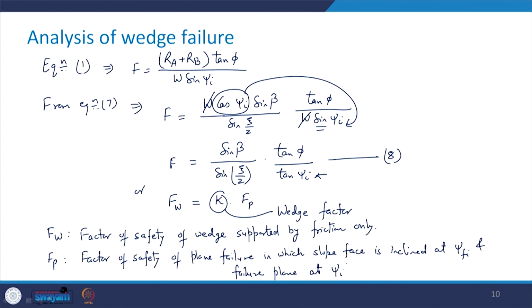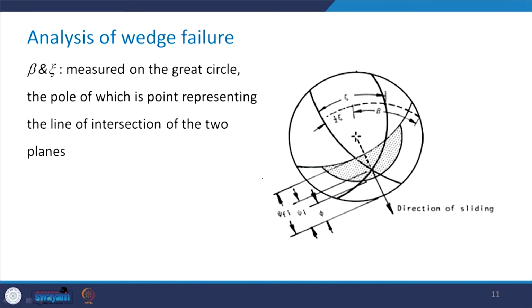So this is how the factor of safety in case of the wedge failure can be connected with that of the plane failure.